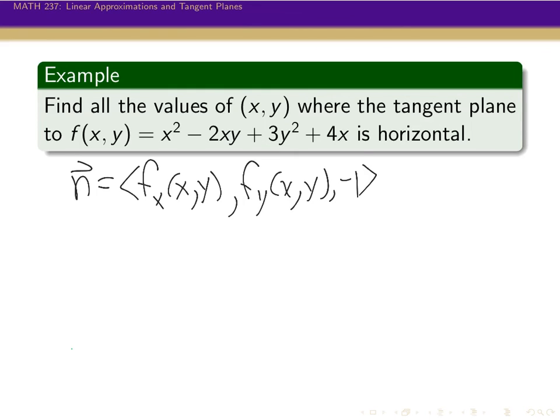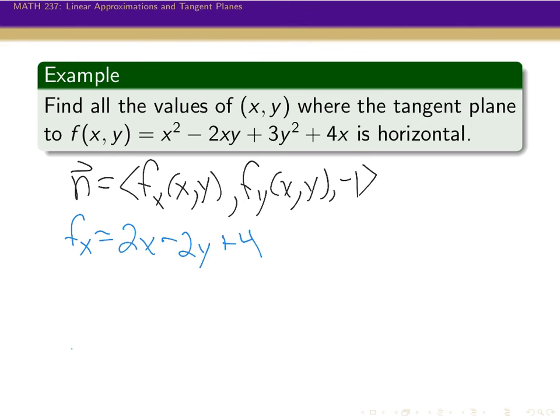So we need to figure out the two partials here. The partial in terms of x is going to be 2x minus 2y. The plus 3y squared has no x in it, so that goes to 0. And then we have a plus 4.